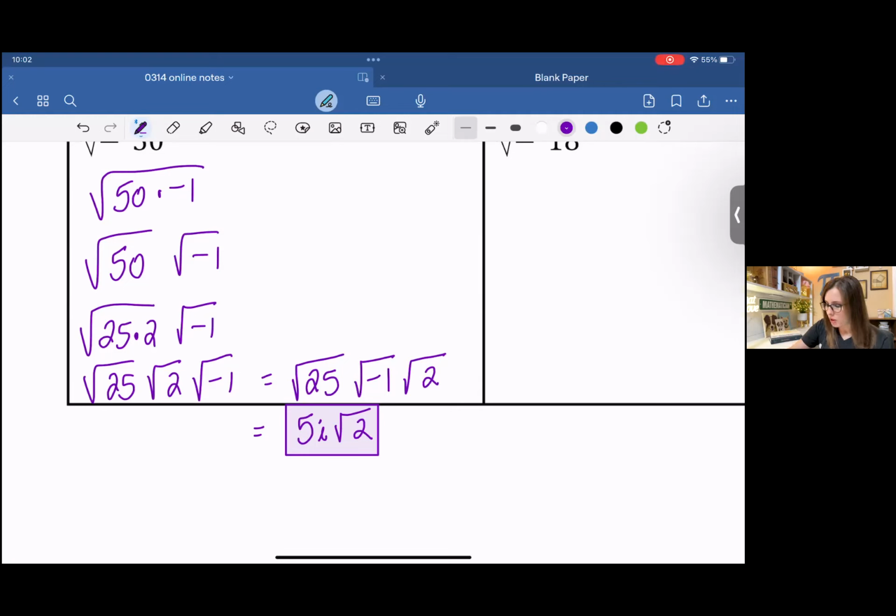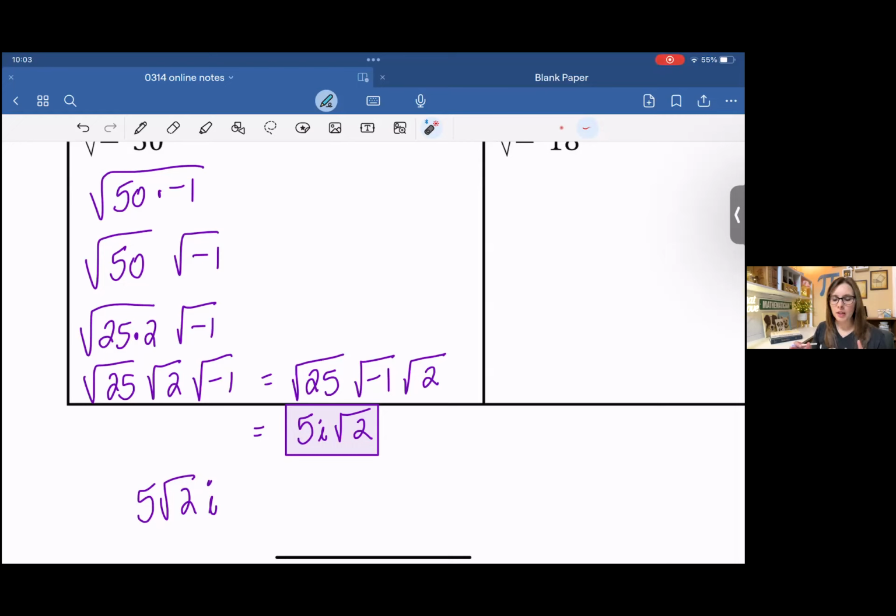And I would recommend writing this I in front of the square root, because a lot of times if you write it like this, especially if you're typing it into a homework system, 9 times out of 10, the square root accidentally gets carried over and that I ends up being under the square root, which is incorrect.